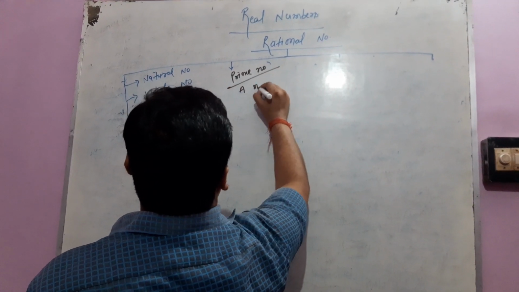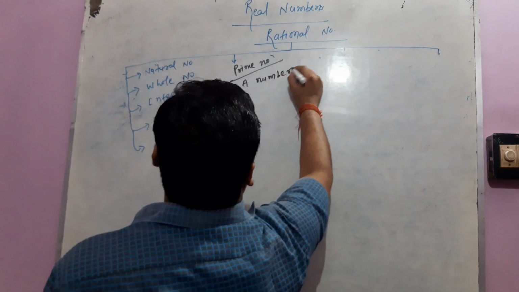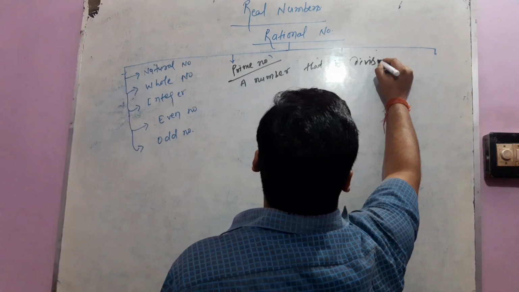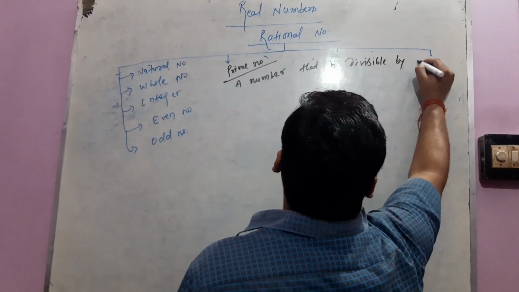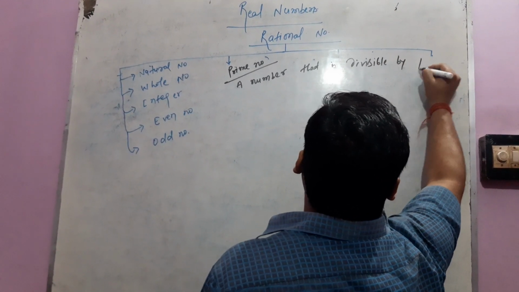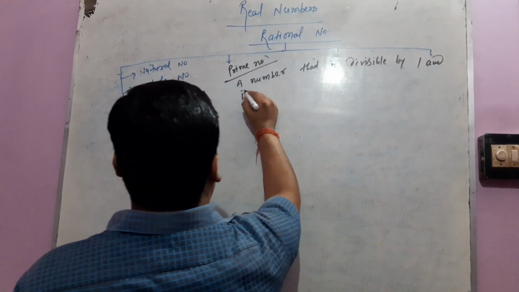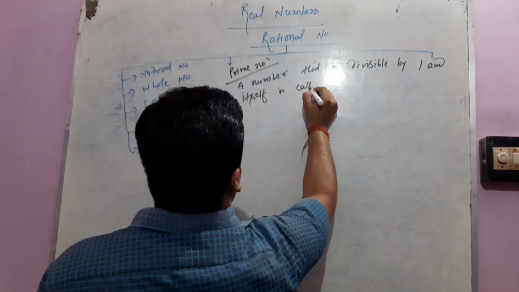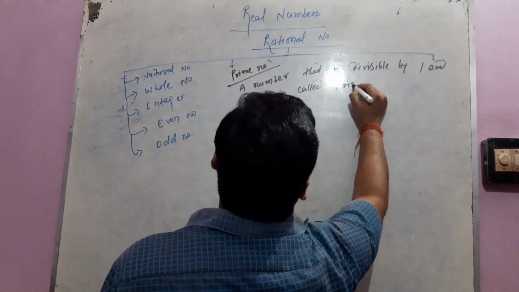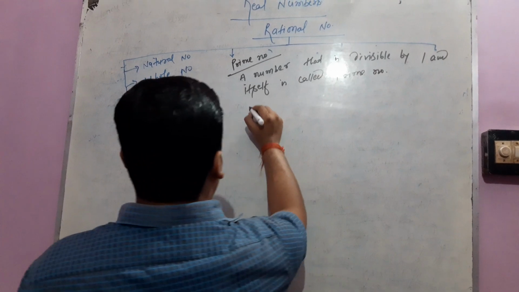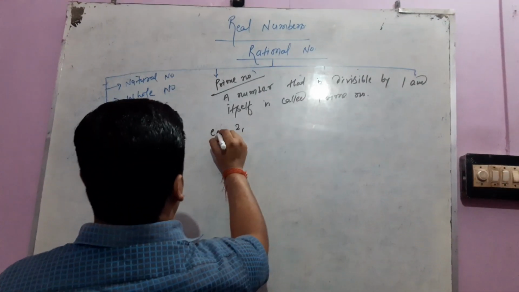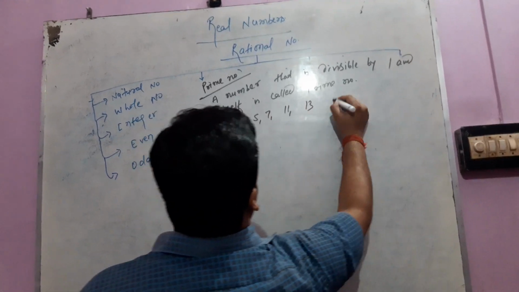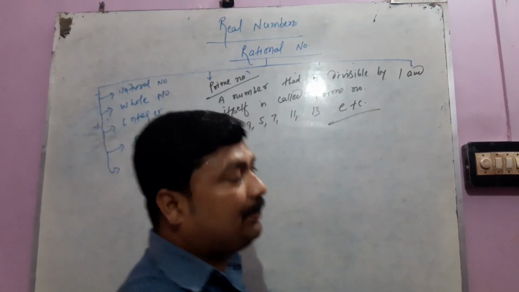A number that is divisible by 1 and itself only is called a prime number. For example, 2, 3, 5, 7, 11, 13, etc. These are all examples of prime numbers.